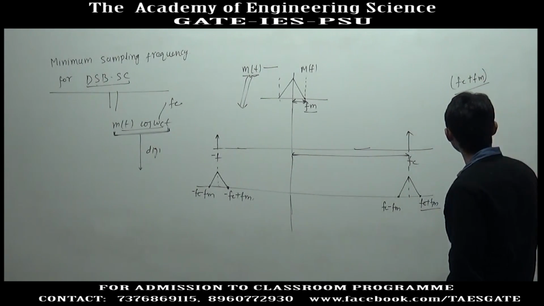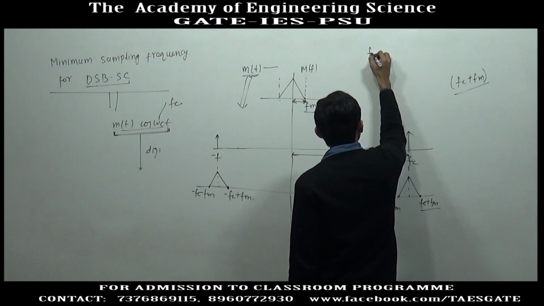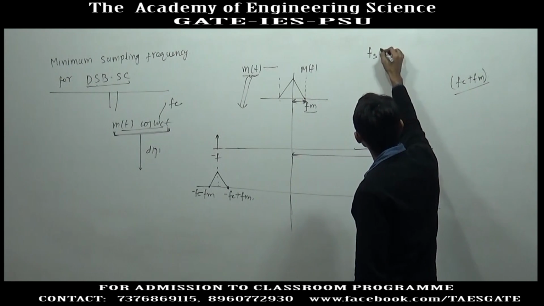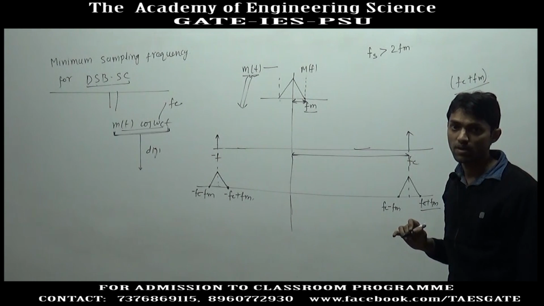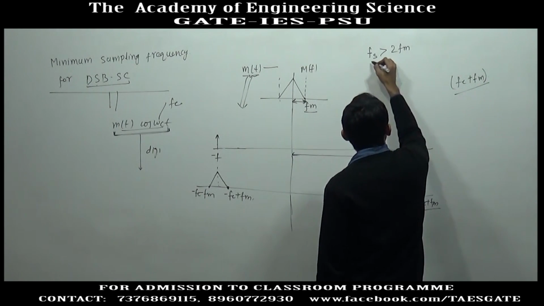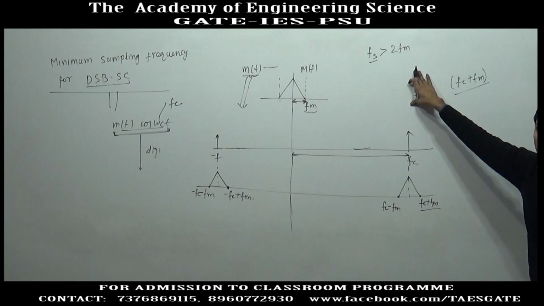If we write down the formula from the sampling theorem for a low pass signal or a baseband signal, the sampling frequency must be greater than 2 times the maximum frequency content of the baseband signal.